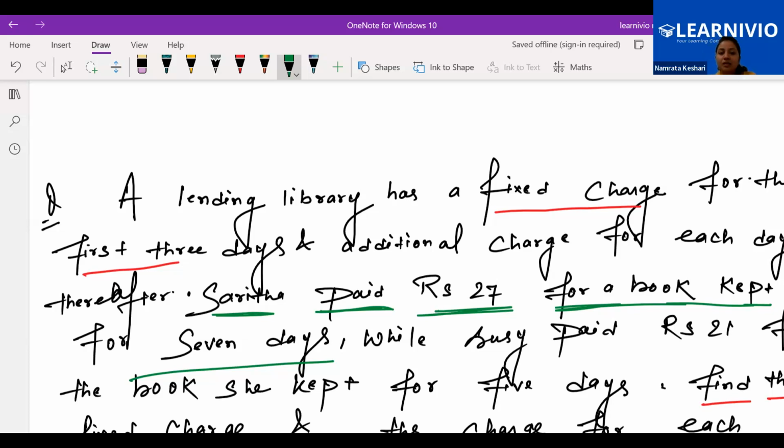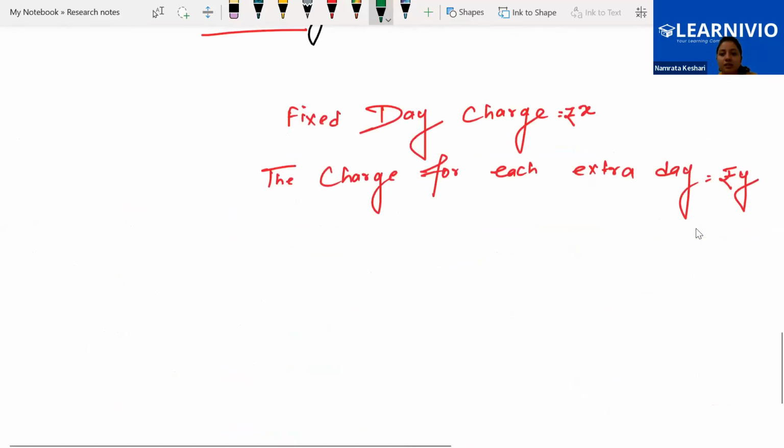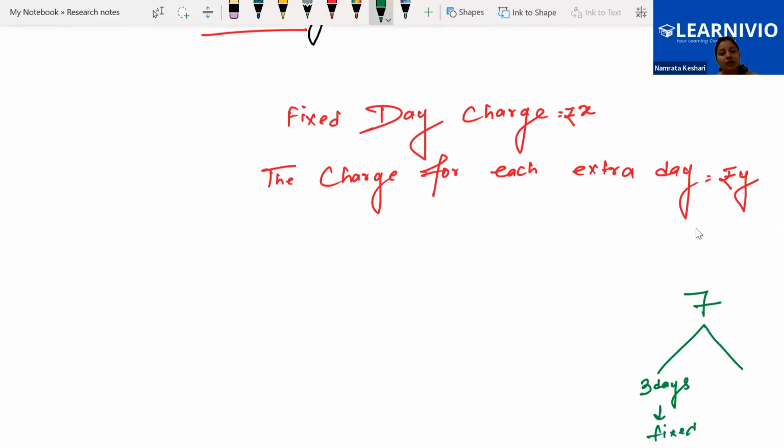If she is keeping the book for 7 days, for the first 3 days she has to pay that fixed amount, and for the rest of the 4 days she is going to pay each day's price. If that is y, then 4y she has to pay. Be careful, for one day it is y rupees, so for 4 days it will be 4y.